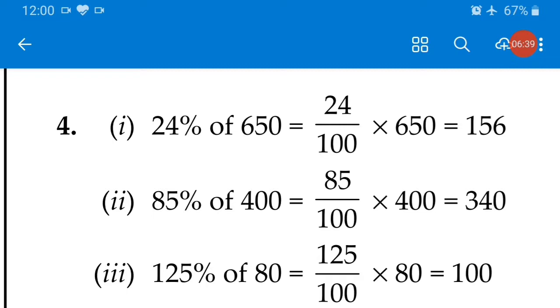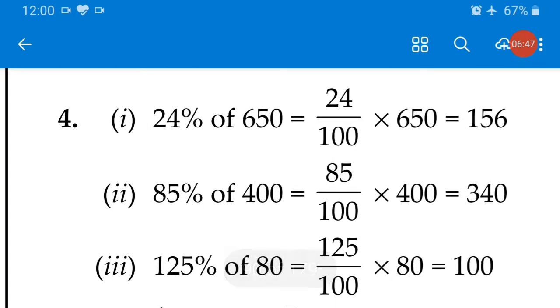Now 85% of 400. So 85% convert first into fraction: 85 upon 100 multiplied by 400 is equal to 340. Here the zeros cancel out on both sides, so 85 multiplied by 4 means 340.